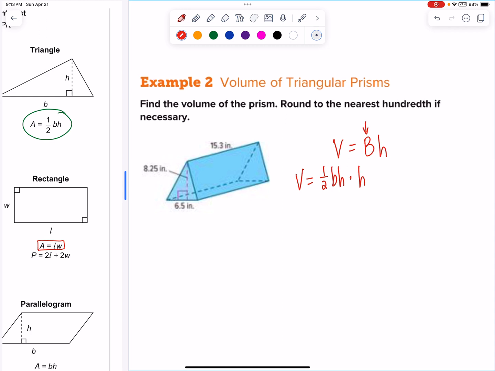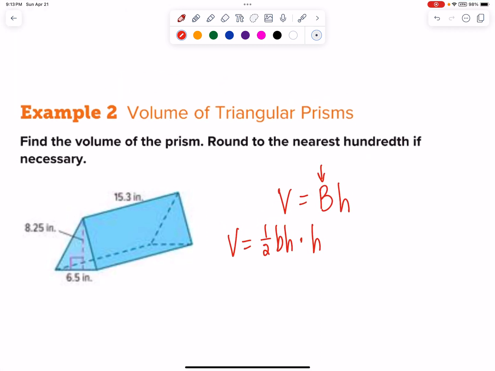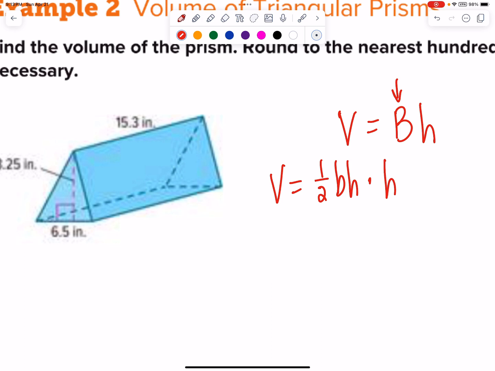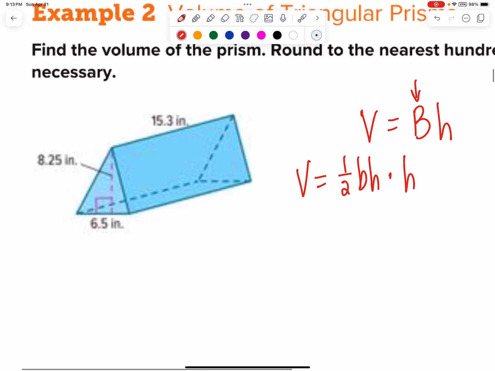So that's where I would say this is a little bit funky. We're finding the area of this part here, and then we're multiplying by this height here. So we sort of have two different heights: the height of the base and then the height of the entire prism. So let's go ahead and start plugging this in.